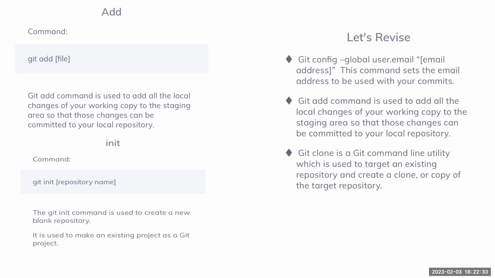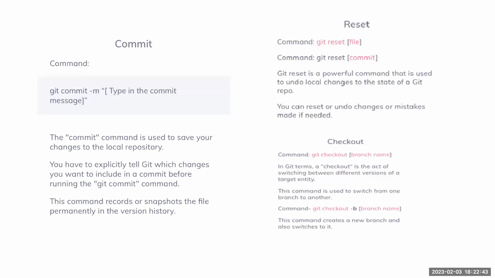Then git commit, we already learned about it, what it does. And the reset command. The reset command is the one which we did not learn, right?